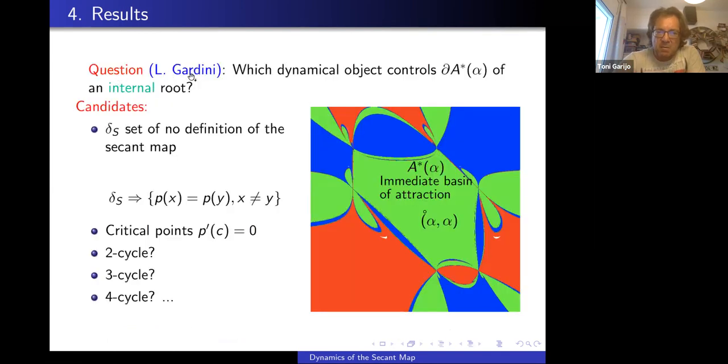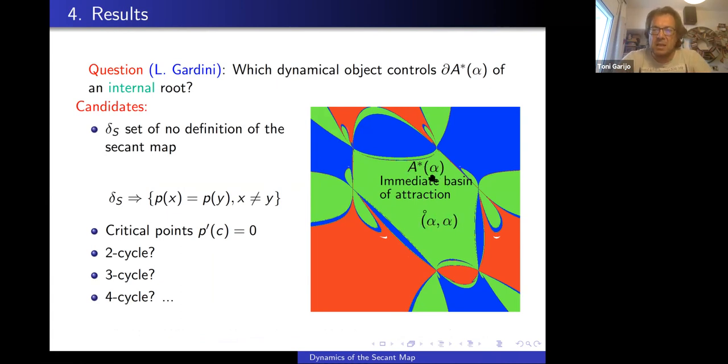Well, we visited Laura at Urbino University, and she immediately asked which dynamical object controls the boundary of the immediate basin of attraction.